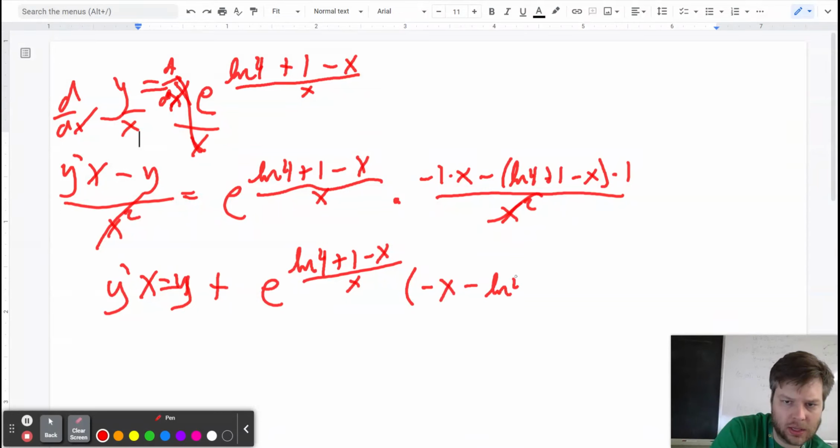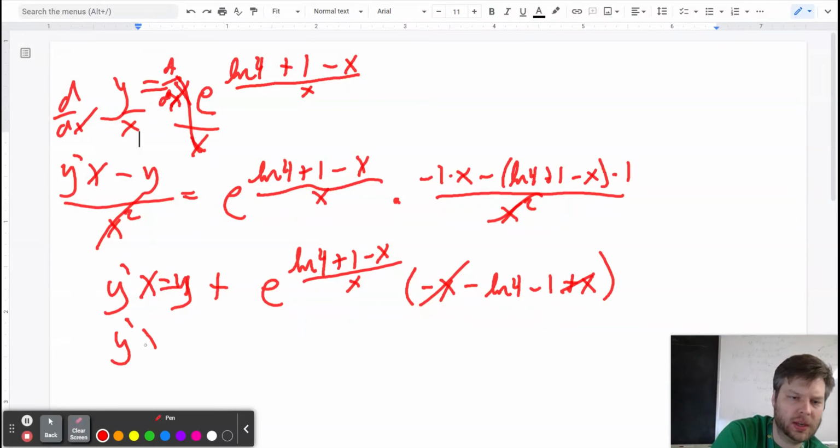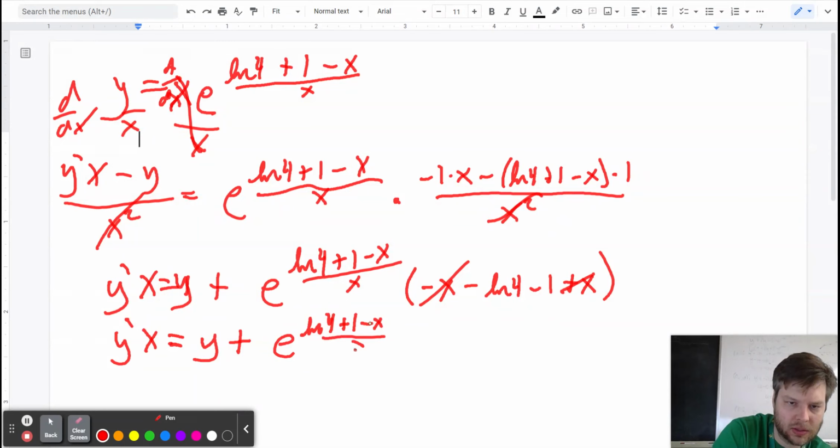I'm going to distribute the negative, so this cancels out. So where I'm at is y prime x equals y plus e to the natural log of 4 plus 1 minus x over x times negative natural log of 4 minus 1.